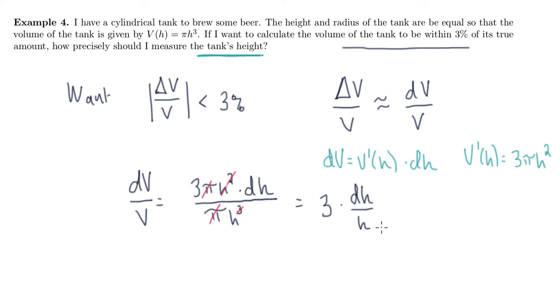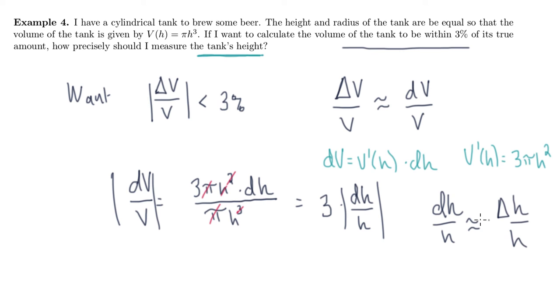Okay, and I can just take the absolute values of both sides, and I see that this dH over h is approximating the relative change in the height, which is exactly what I want. I want to know how precisely, or to within what percentage of its true height, should I measure the tank's height.